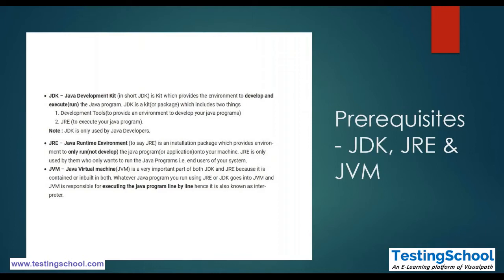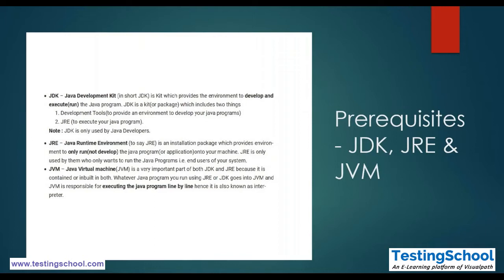Next is JRE, also known as Java Runtime Environment. It is an installation package which provides the environment to run developed Java applications or programs. The JRE is used by the people who want to run the Java program.